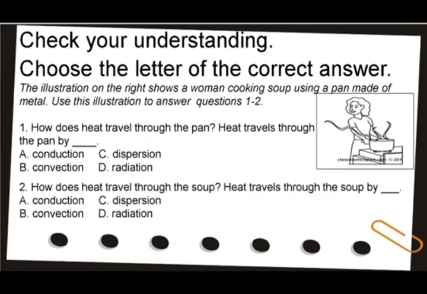Number 2. How does heat travel through the soup? Heat travels through the soup by blank. A. Conduction, B. Convection, C. Dispersion, D. Radiation. If your answer is B, convection, then your answer is correct.